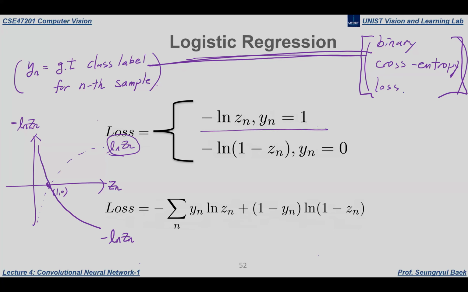We say that when that sample's label yn is equal to 1, which means that sample's ground truth is 1, and Gn means the prediction, we have to close our prediction to the ground truth yn. When yn is ground truth and its value is 1, this Gn should be close to 1, right?